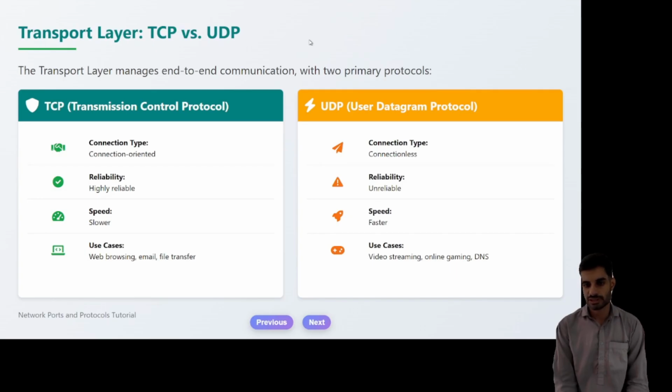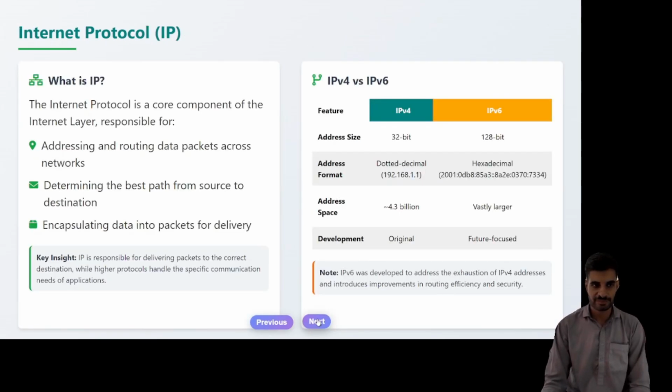So its speed is fast, so it's a fast network. We use it in the video streaming, online gaming, and DNS, domain name server. So let's go to the next one.